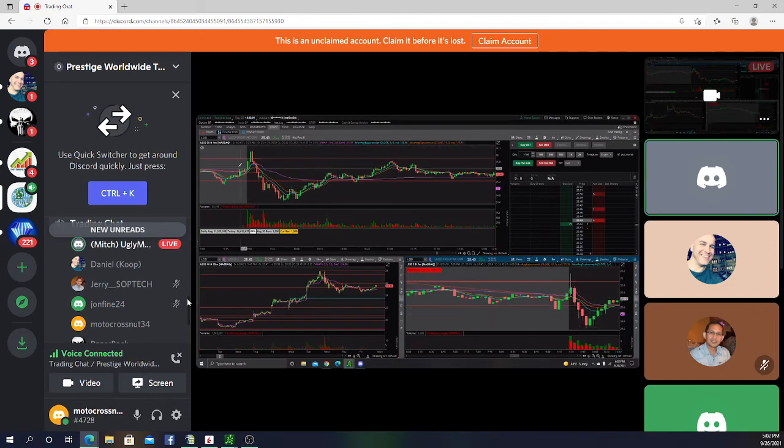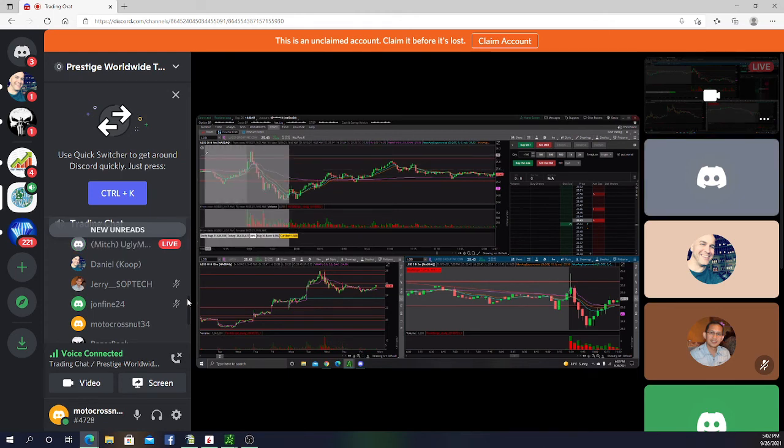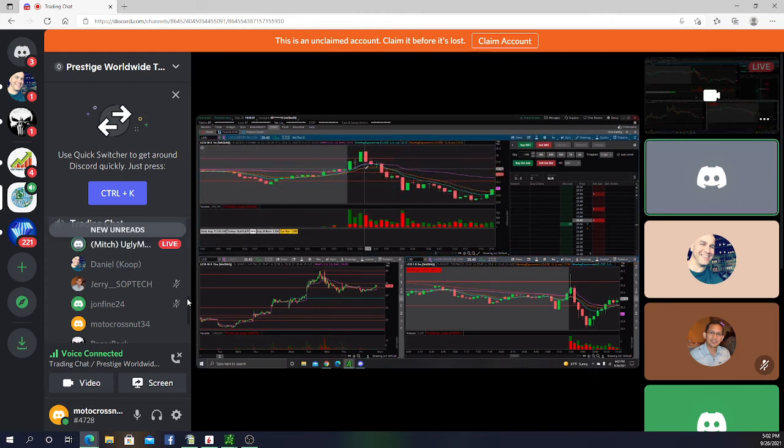So I put in like half a lot here because I thought it might just completely flush, and then I would be adding more. If it really showed weakness, I thought it might get down to like here, like below 24. So I went ahead and added half a lot here, one lot here, and then we got a failure candle and some good volume, completely engulfed it.